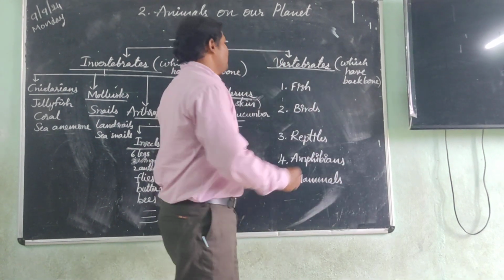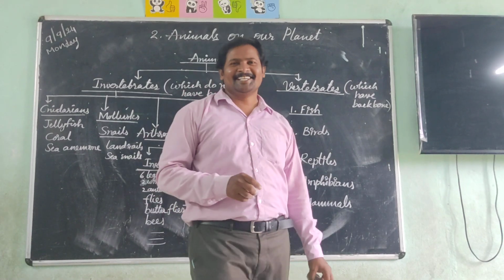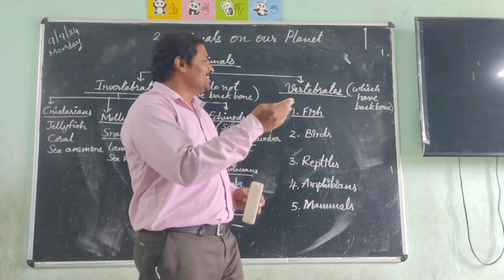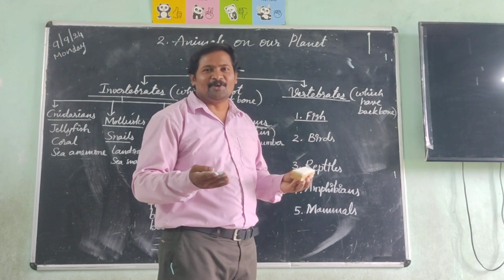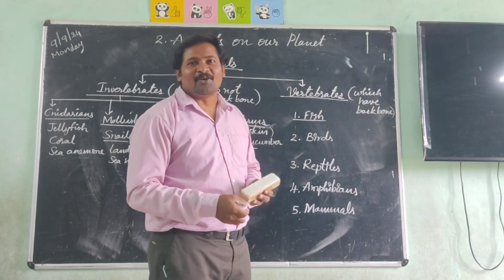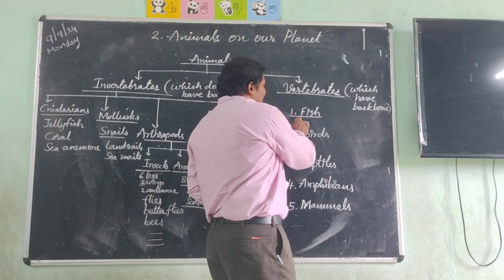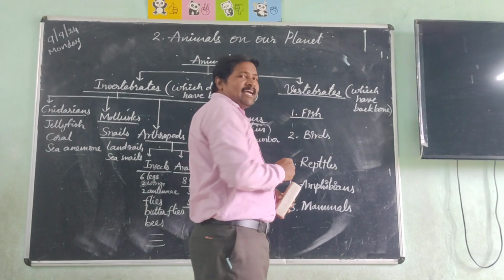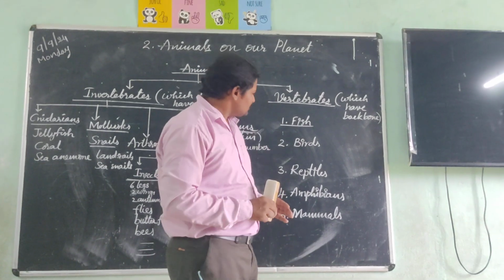See here, fish. Everybody knows about fish, right? Recently, in this rainy season, many areas were covered with floods and even people caught fishes, right? These fishes have some special features. What are those special features?